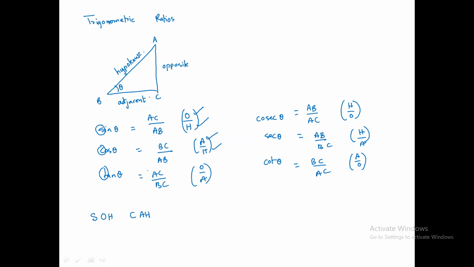Tan theta, starting with T, is opposite by adjacent. So you can remember like this: S O H, C A H, T O A. If you remember this, you can remember sine, cos, tan. With that you will remember cosecant, secant and cot.